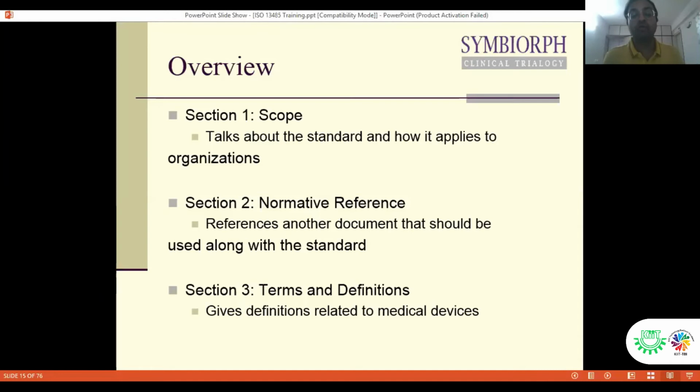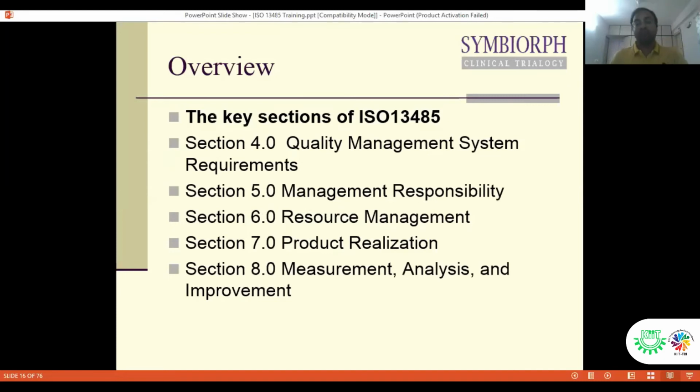You have to write this well, in a detailed manner, under the section called normative reference. Section 3 talks about the different terms and definitions which are listed in the ISO 13485 standard. Now I will be talking in more detail about the clauses.